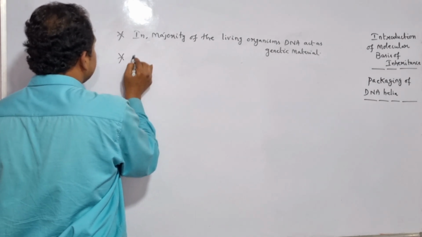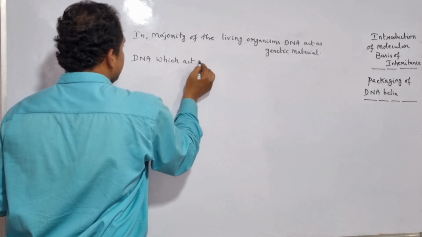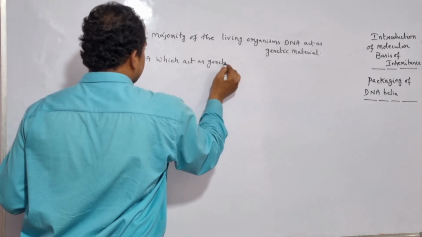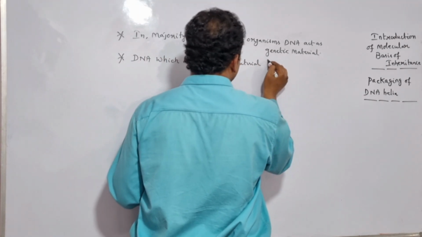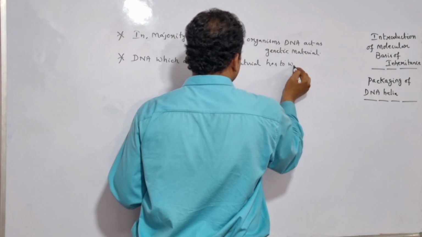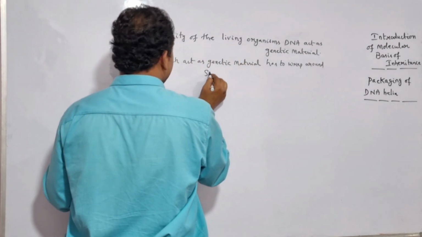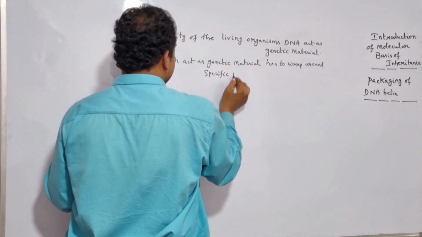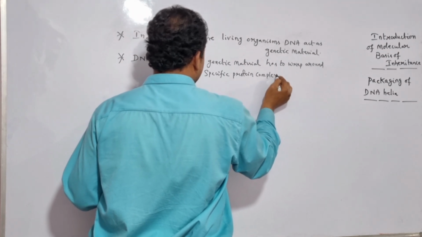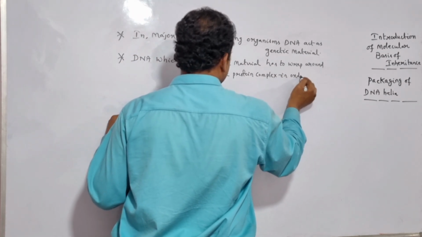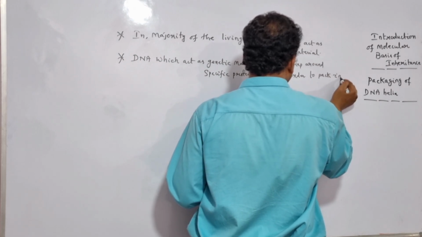DNA which acts as genetic material has to wrap around a specific protein complex in order to pack into the interior side of the chromosome.